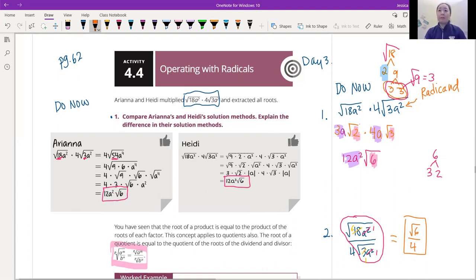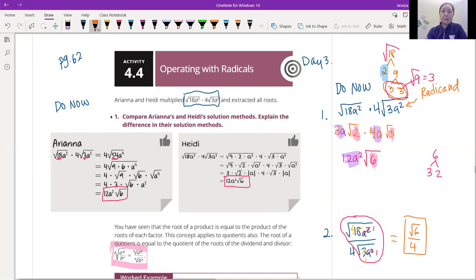So you look right here, the square root of 18a squared times 4 square root of 3a squared. It was noted that inside the radical, they do have a term for it. We call that the radicand, not the radicant, the radicand right here. So if you look at 18, we can split it up into 2 times 9.